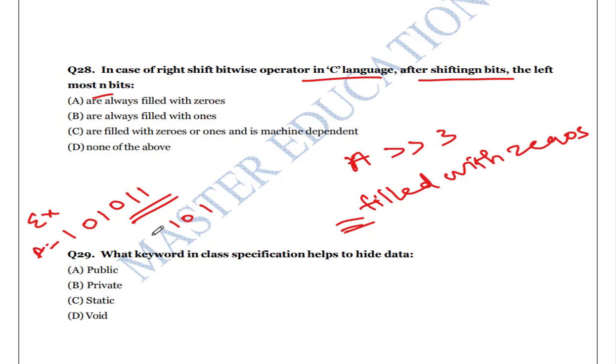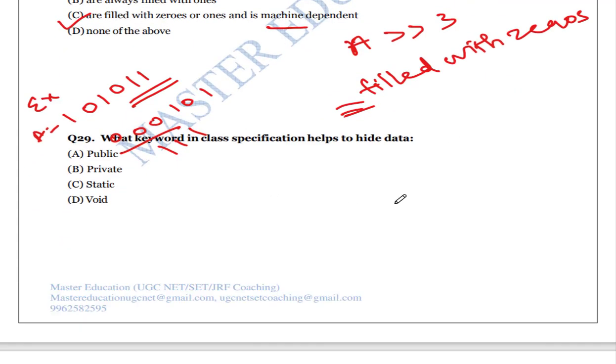So right shifting by 3 means what happens, 1 0 1, and the remaining portion will be filled with zeros, or this may be filled with ones also, depending on the machine. So option C is filled with zeros or ones and is machine dependent. So based on the machine, it is filled with zeros or ones on the left side.